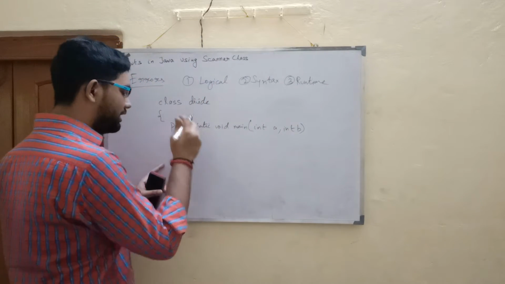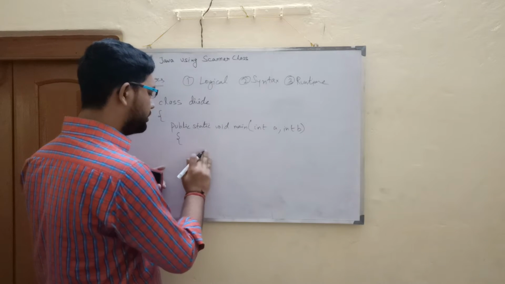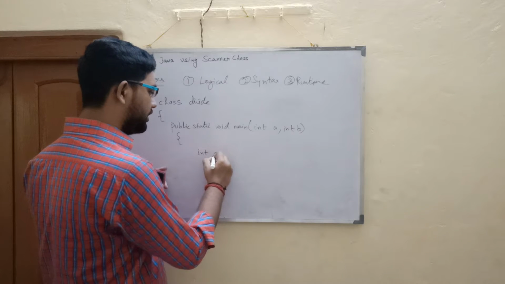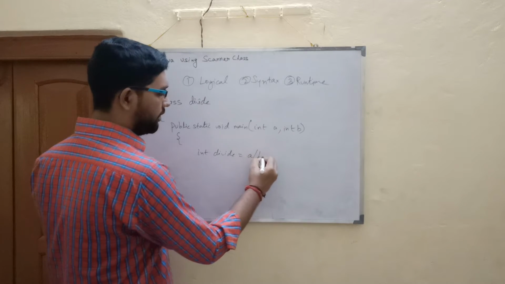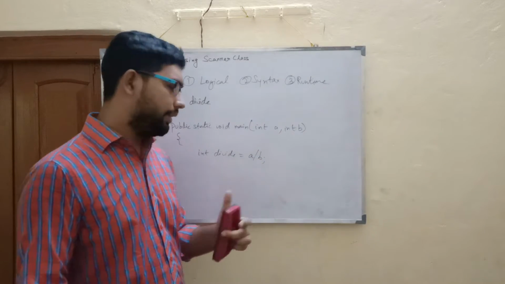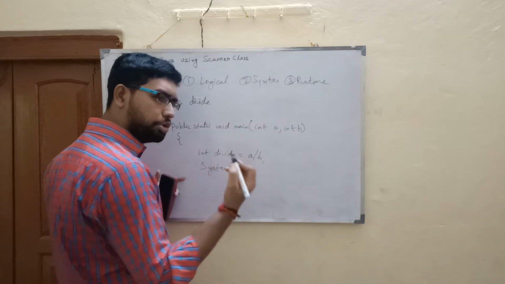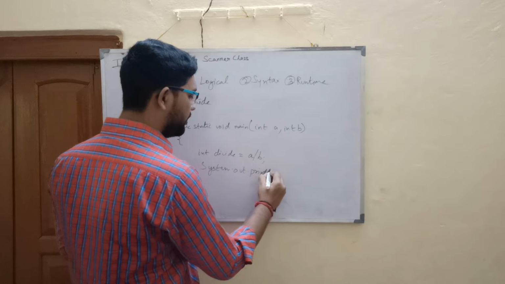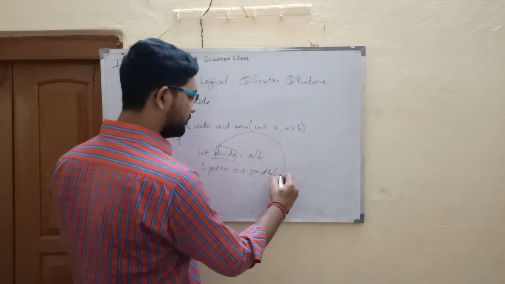Now suppose I want to divide two numbers. So I declare a variable, int divide equals a divided by b. No problem, it's okay. Now if I run this program, I will show the output using System.out.println and put this variable here.